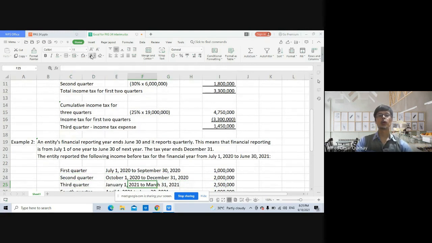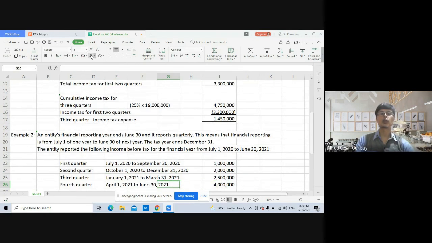The third quarter is from January 1 of the following year to March 31, for 2.5 million. Finally, the fourth quarter is from April 1, 2021 up to their year end, June 30, 2021. It's 4 million.